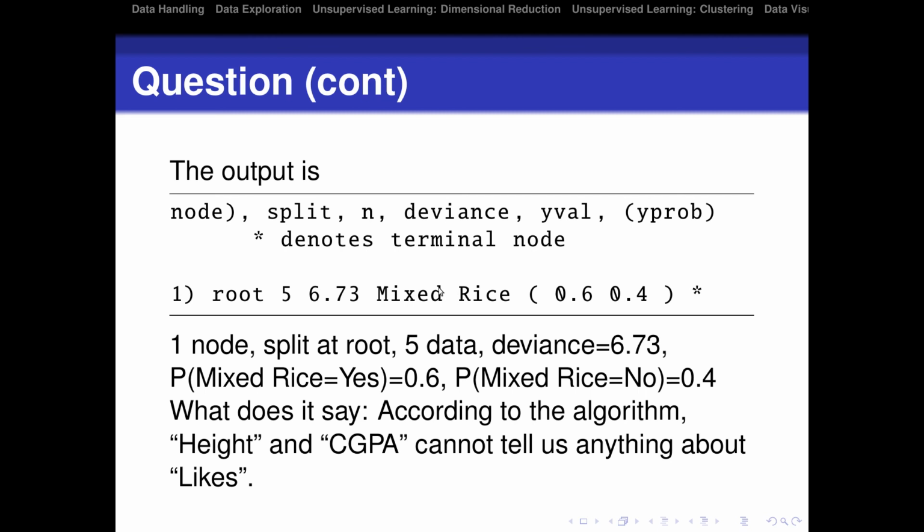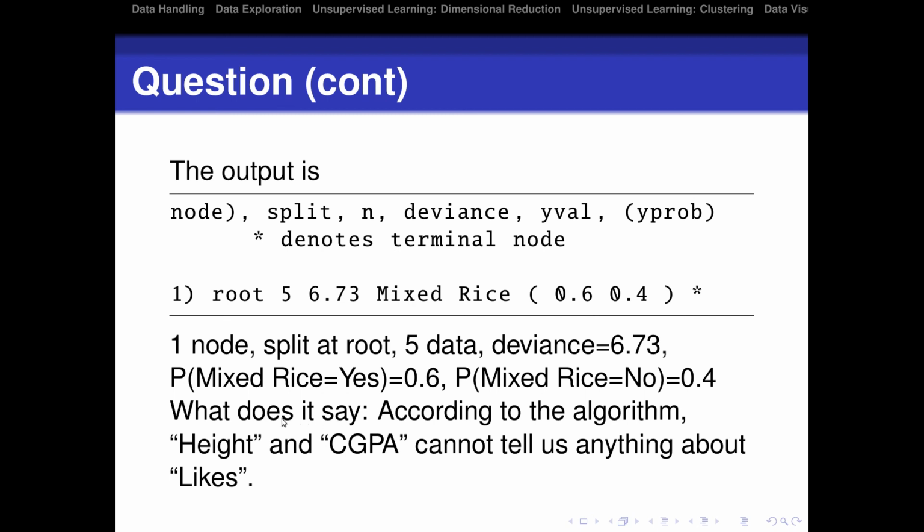Because it's a binary case, it has a probability of 0.6 of taking mixed rice and 0.4 of not mixed rice. It indicates a terminal node, meaning this is the leaf. So basically it's just a binary split.